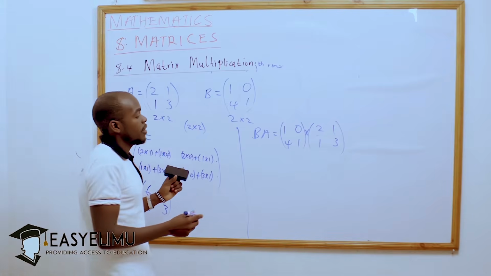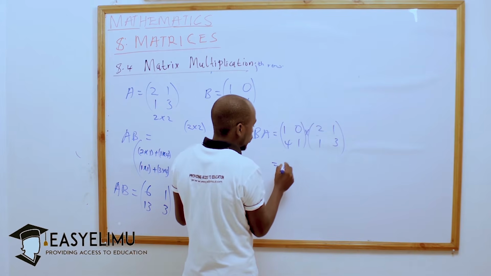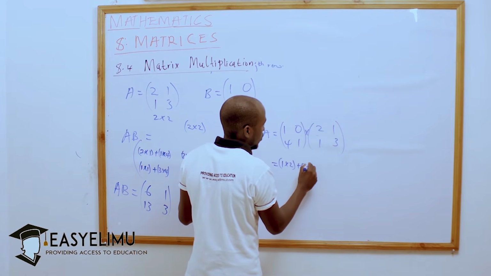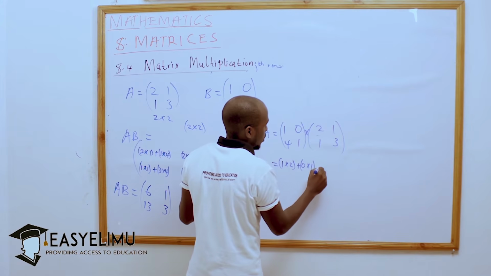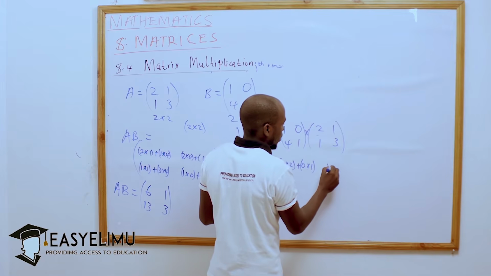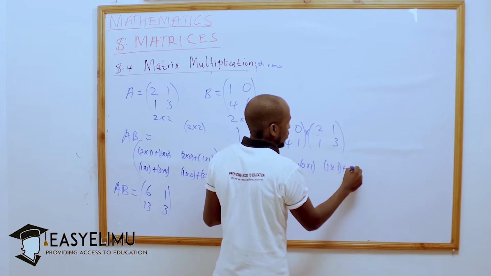So if we do that, we are going to have 1 by 2 plus 0 by 1, and the entry at this point here will be 1 by 1 plus 0 by 3.